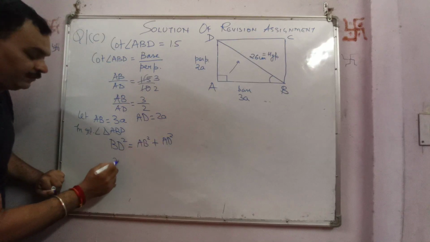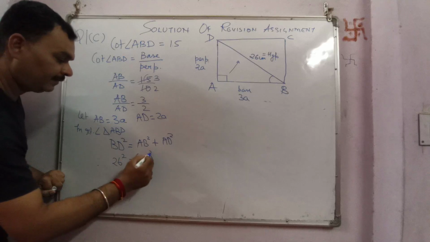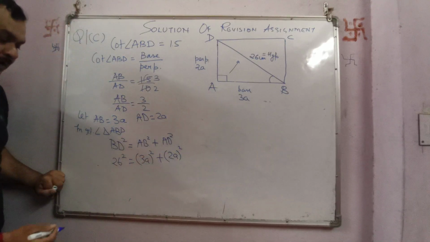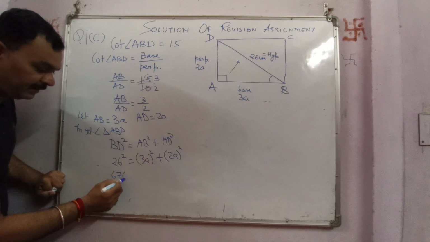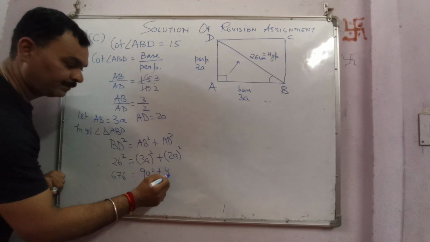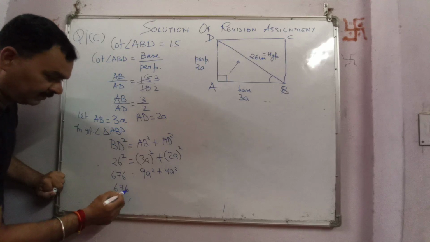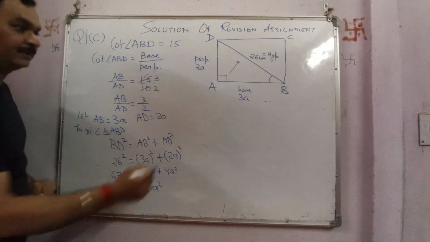Now BD is given 26, so 26 square is 676, AB is 3A square plus 2A square, 9A square plus 4A square, or 676 is equal to 13A square.